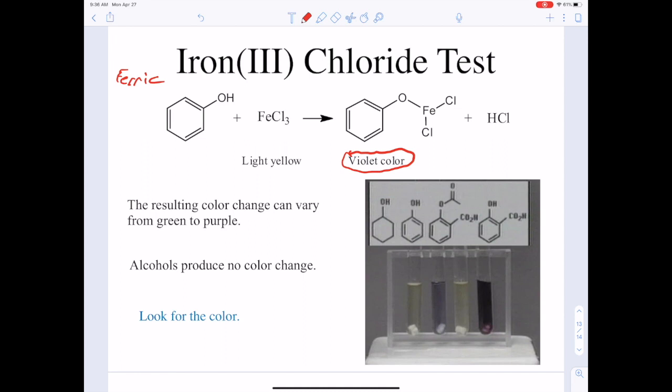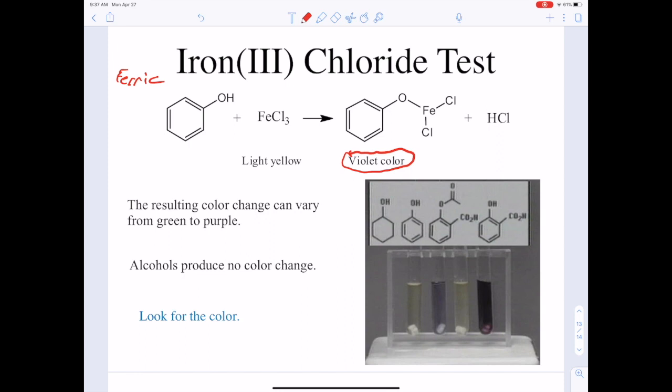And that color can vary depending on the specific phenol. You can have phenol itself, or you can have different phenolic compounds. Depending on which one you have, the color will be slightly different. So it can be green, blue, purple.